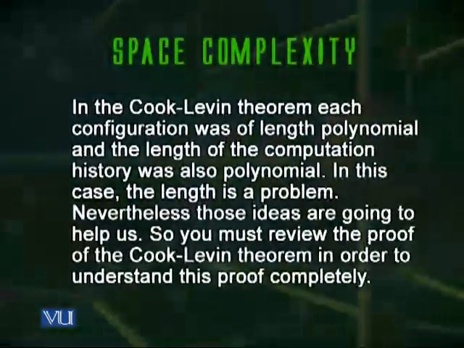So, what we want to use is the same ideas as the ones that we used in the Cook-Levin theorem. In the Cook-Levin theorem, every configuration had polynomial length, and the total number of configurations was also polynomial.